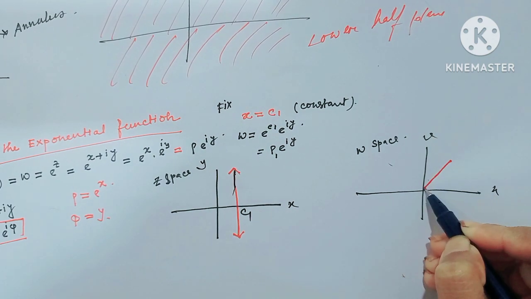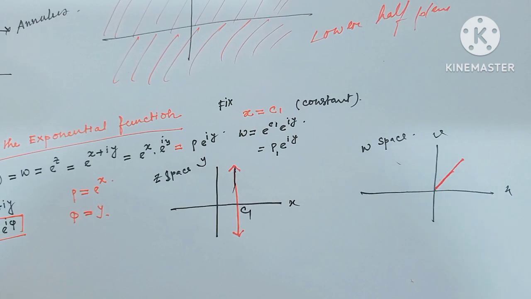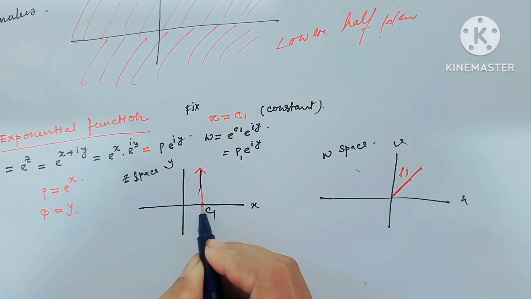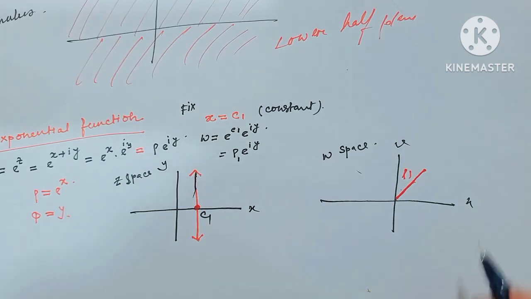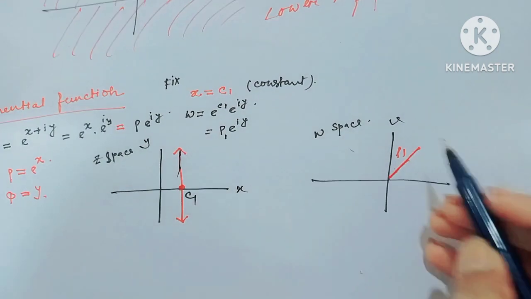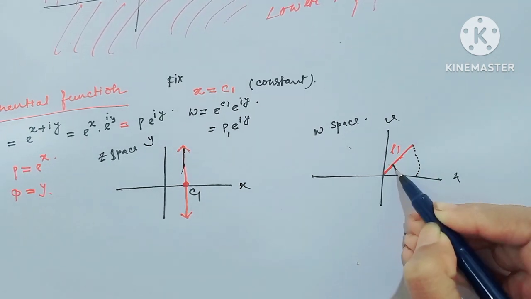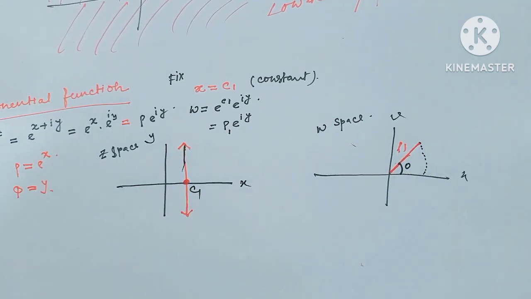That means this looks like a circle of radius rho 1, and since here y equal to 0, the angle on the circle would be 0.